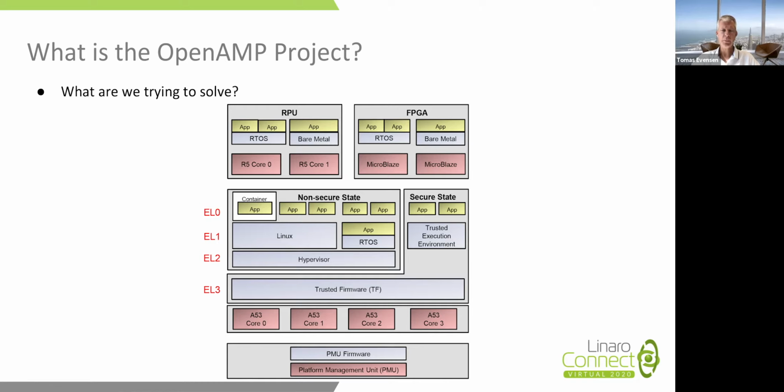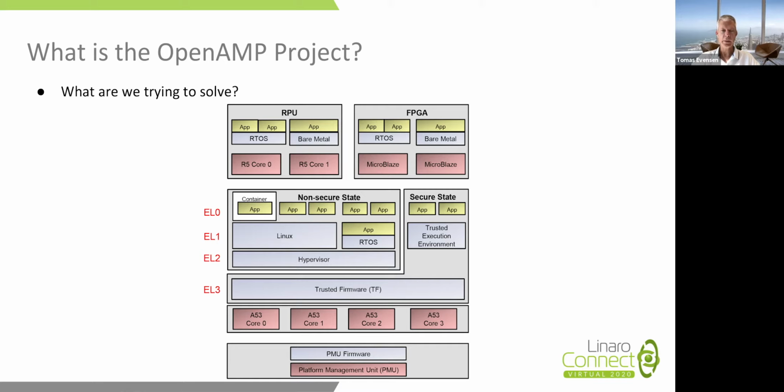And in the past, it's been fairly ad hoc. How do you interact between those things? How do you send messages? How do you start up something? How do you configure it? And so on and so forth. So the OpenAMP project was started to try to standardize and have open source projects for all that infrastructure around those different things. And we have 3 active working groups looking at different parts of this puzzle to solve it.